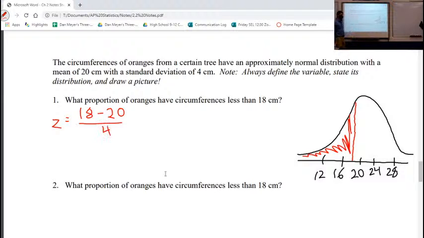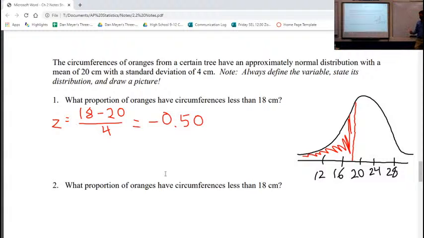So value minus the mean over the standard deviation. 18 minus 20 is negative 2 over 4, so negative 1/2. So our z-score is negative 0.5. It should be a negative z-score because we're below the mean. Below the mean should have a negative z-score.